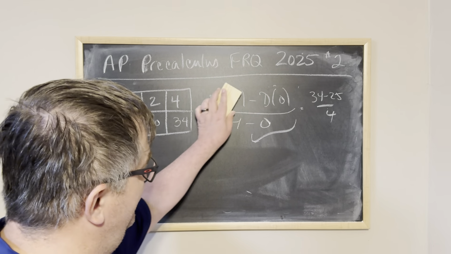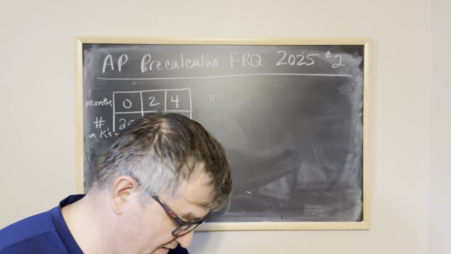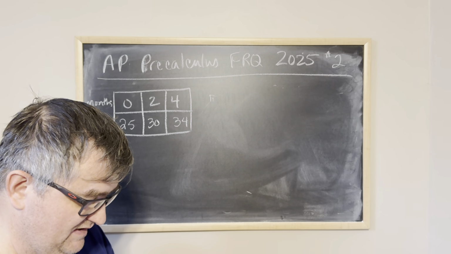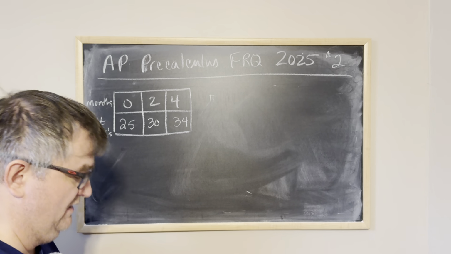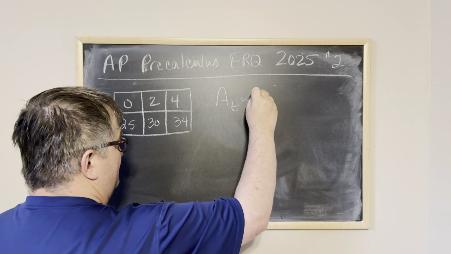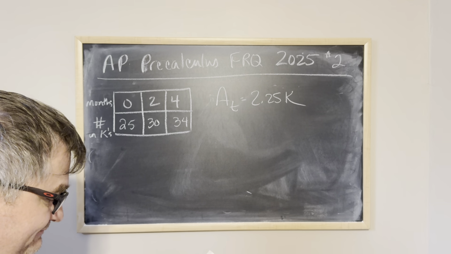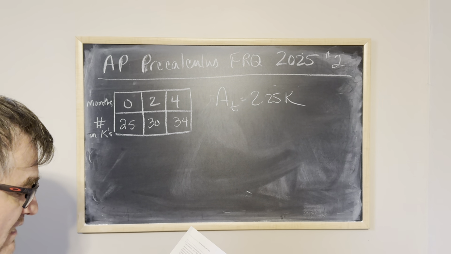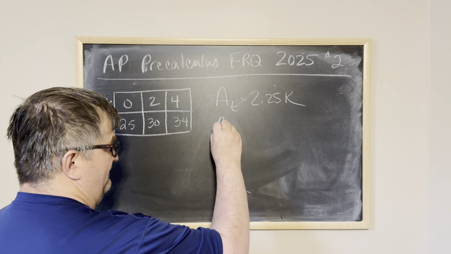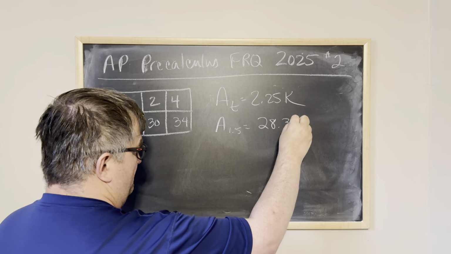Now, the final question is very complicated. It says, let A sub t represent the estimate of the total number of plays using the average rate of change found in Part B1. So remember the average rate of change. So I'm going to say average rate of change is 2.25. For A 1.5 found in Part B2, so we've already calculated that.